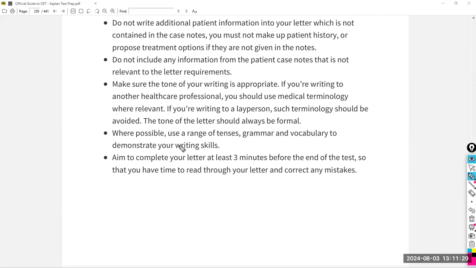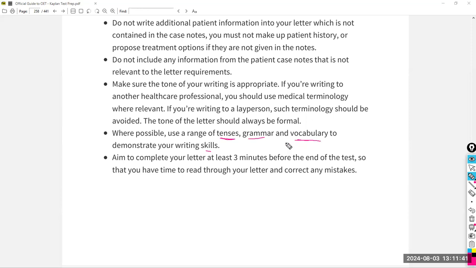So where possible, I have to use a range of tenses. Absolutely, the tenses I use should be correct. I have to use correct grammar and vocabulary to demonstrate your writing skills. Keep in mind, please, that you have to avoid repetition all the time.